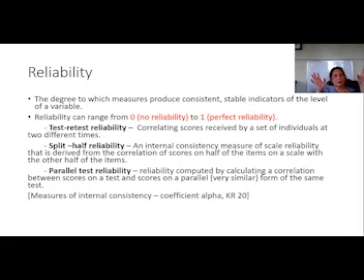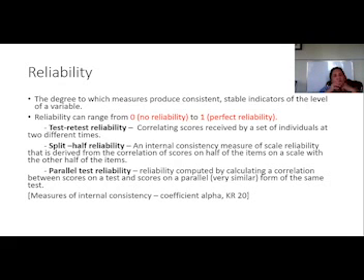The examinee is scored on the even numbered items and scored on the odd numbered items, and these are pitted against each other. And then the correlation coefficient is computed. If the result is high, then we say that there is a strong internal consistency of the test items. So that's the split half reliability.